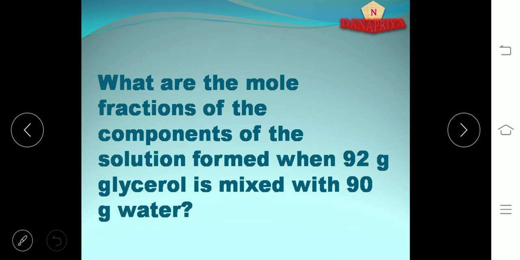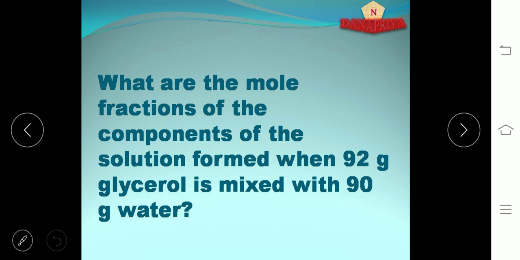Next problem. What are the mole fractions of the components of the solution formed when 92 gram glycerol is mixed with 90 gram water? Here the given data is the weight of glycerol is 92 gram and the weight of water is 90 gram.